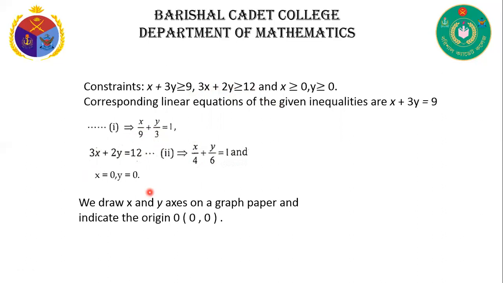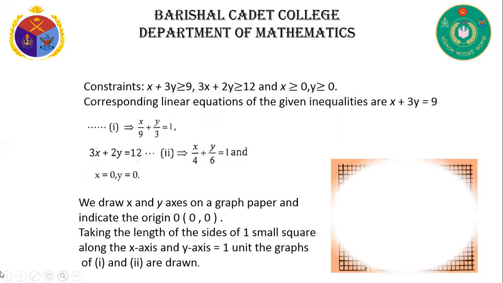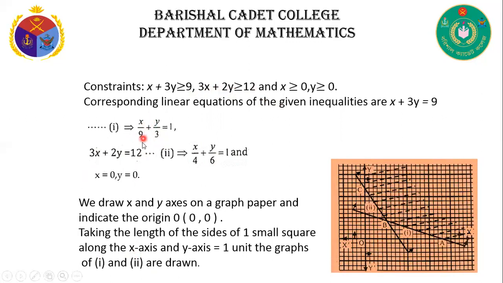Now putting these values on the graph paper, the first line has points 9, 0 and 0, 3, and the second line has points 4, 0 and 0, 6.